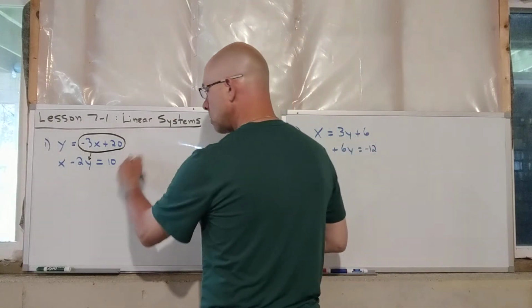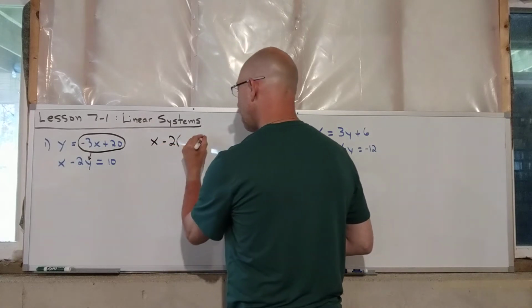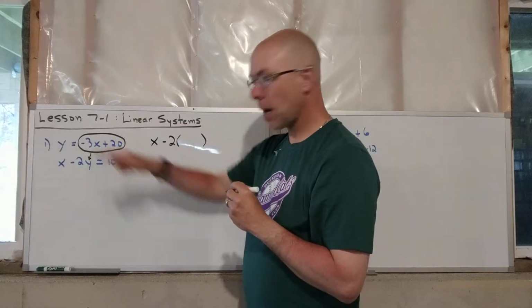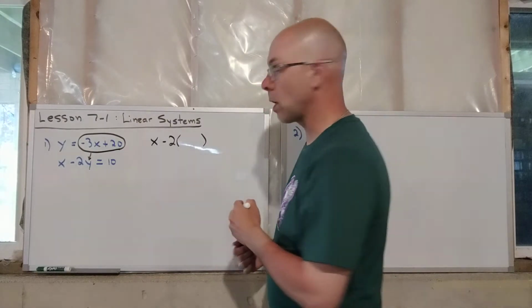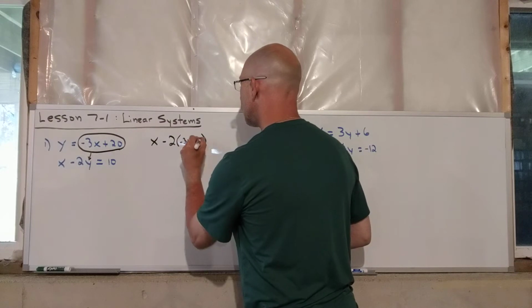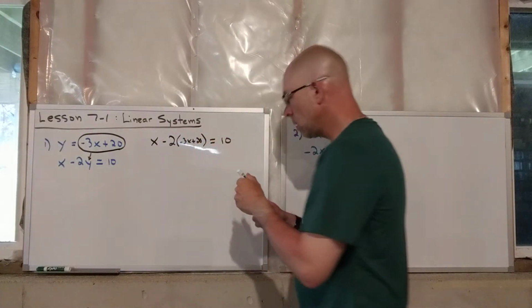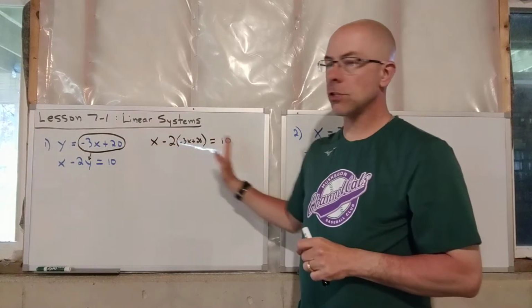So I'm going to rewrite this equation as x minus 2, and in place of that y, I put negative 3x plus 20, equals 10. Now I have just an equation with x.